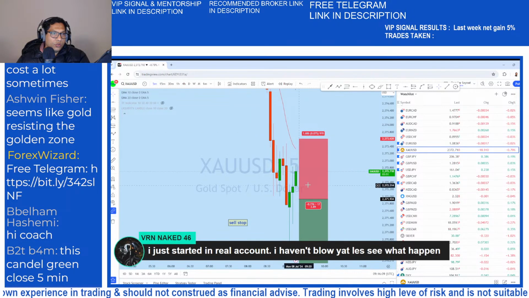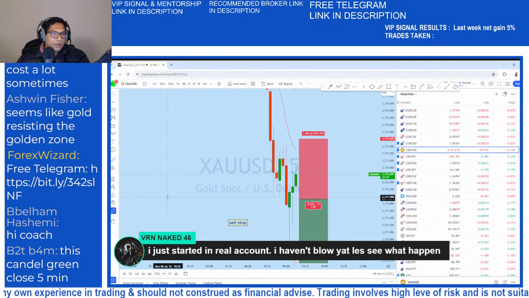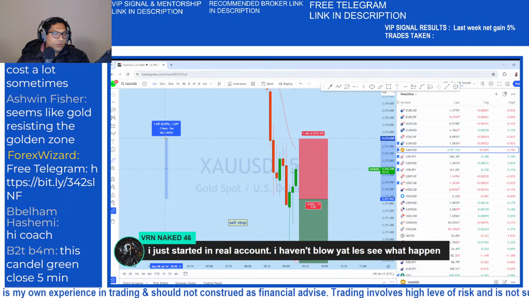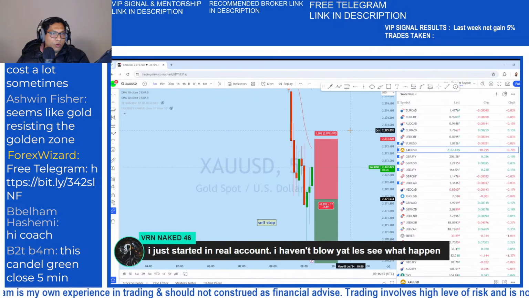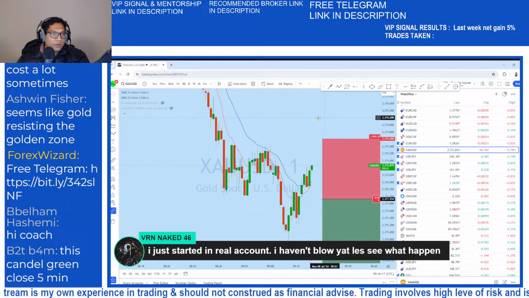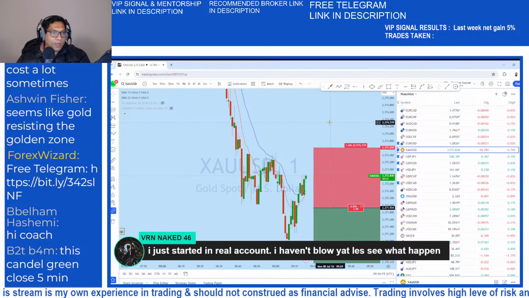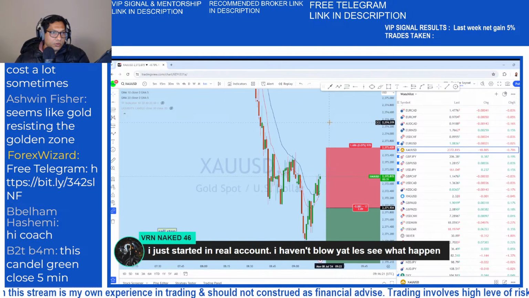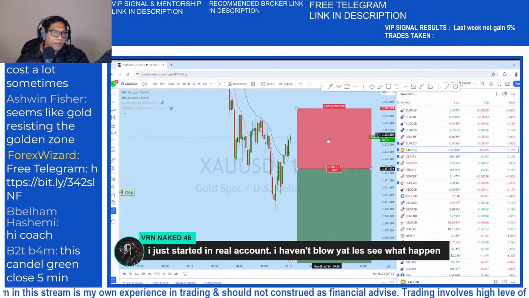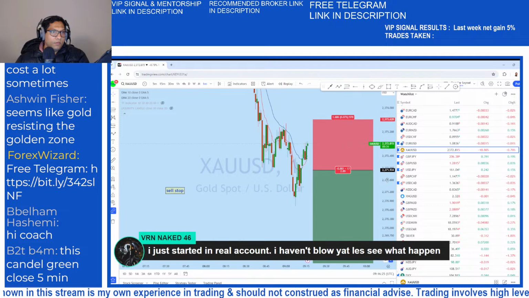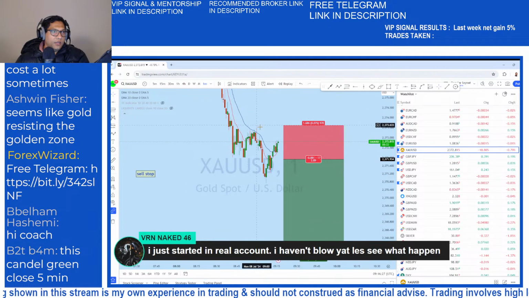It's a very tight stop loss, as you can see. It's now 17 pips stop loss. So from 1 minute, if we look at the 1 minute, this is the resistance that I'm expecting it might go and retest and then drop.